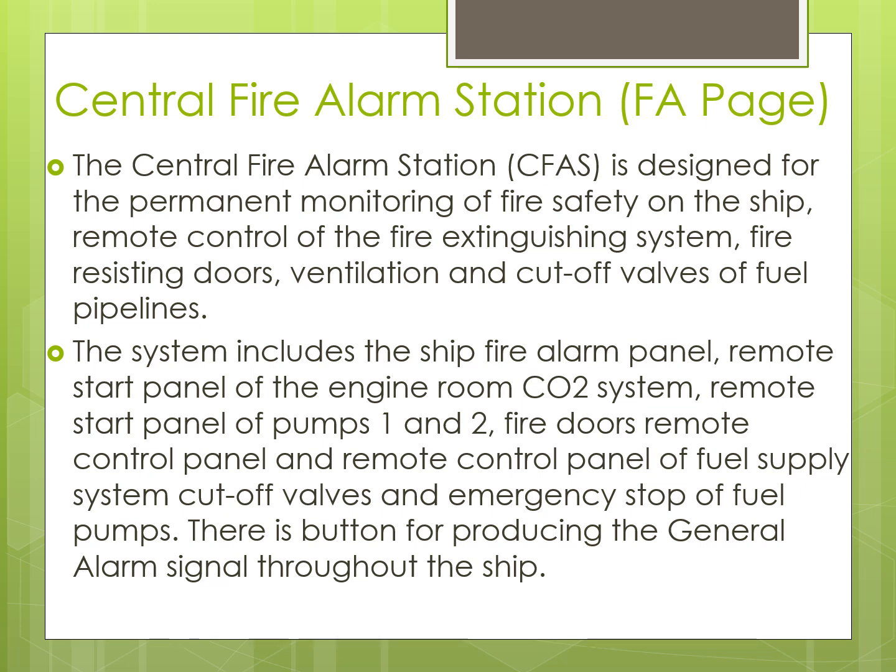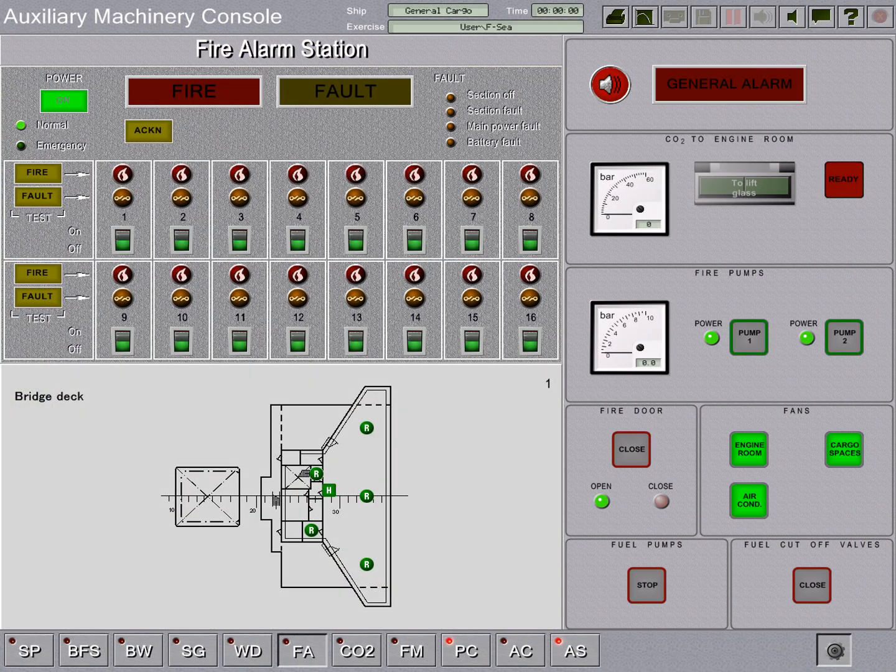The system includes the ship fire alarm panel, remote start panel of the engine room CO2 system, remote start panel of pumps 1 and 2, fire doors remote control panel and remote control panel of fuel supply system cut-off valves, and emergency stop of fuel pumps. There is a button for producing the general alarm signal throughout the ship. Central Fire Alarm Station, FA page.